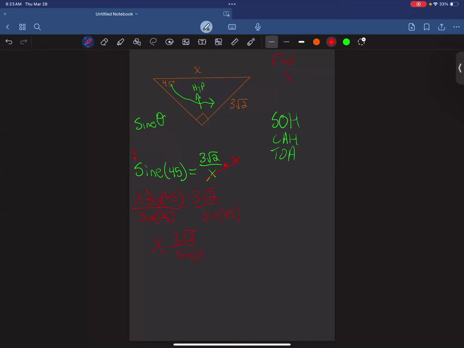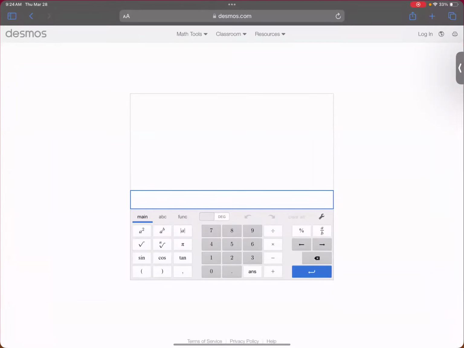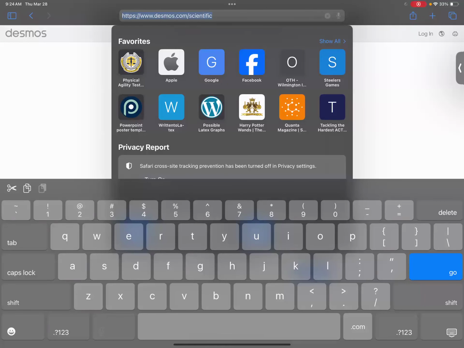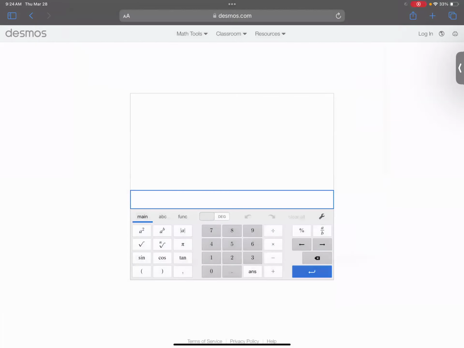I don't expect you to do sine by hand. If you don't have a scientific calculator or a TI 33, 34, any of those at your disposal, you can go to Desmos Scientific, and that's just desmos.com/scientific. And you can type in exactly what you need here.